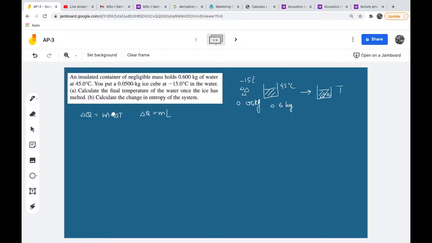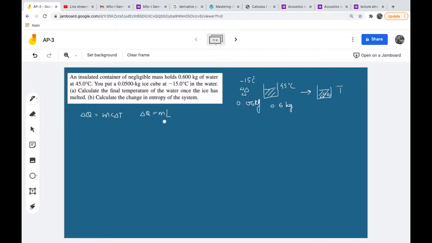C is specific heat, delta T is change in temperature, m is mass, and L is the heat of fusion in the case of the melting point. So I can use these two.